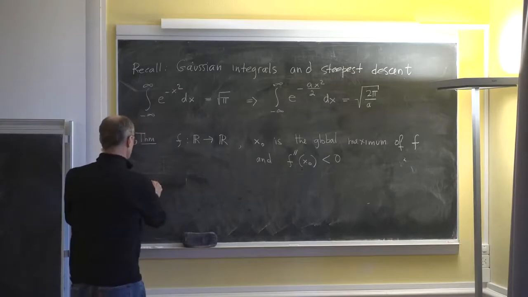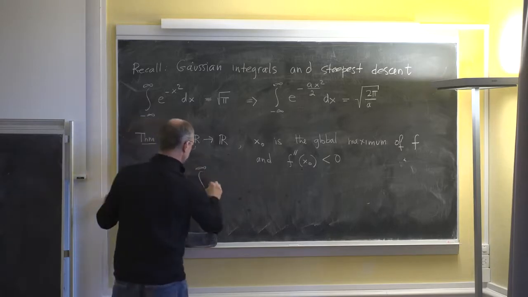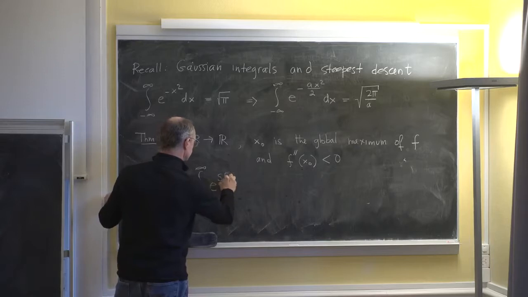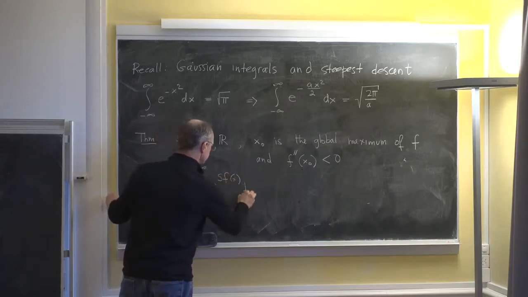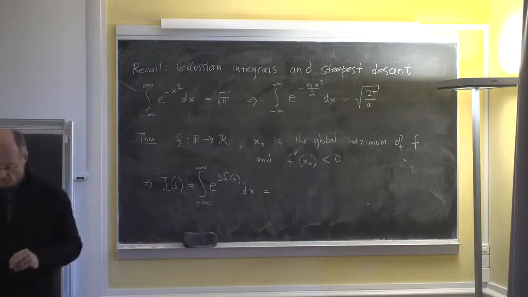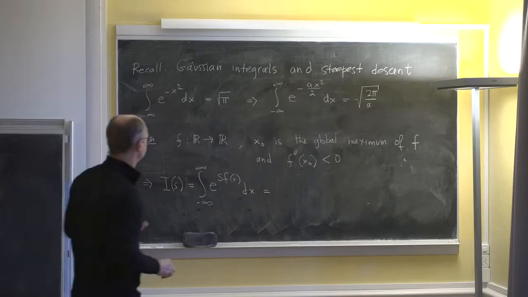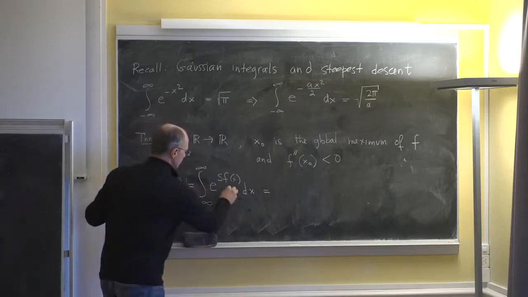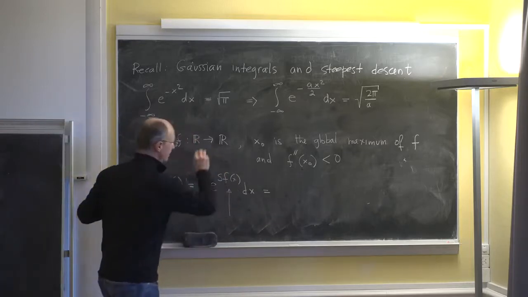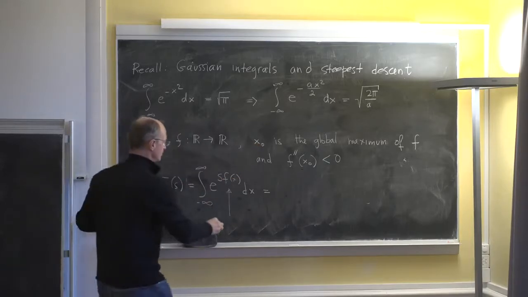So then the following integral is given by the following formula. So how does f of x look like near the point of the maximum?